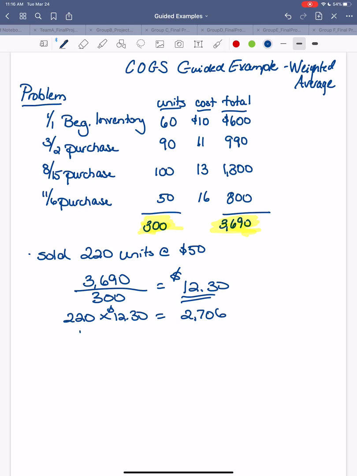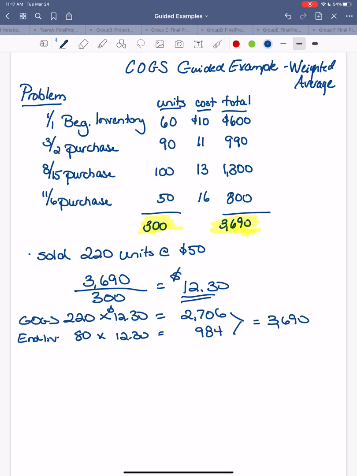Right, I could also say, well, let's figure out ending inventory this way. Multiply the 80 units left by the $12.30, and I come up with $984. What do we know has to be true? If I add up my cost of goods sold and my ending inventory, they have to equal the available for sale.